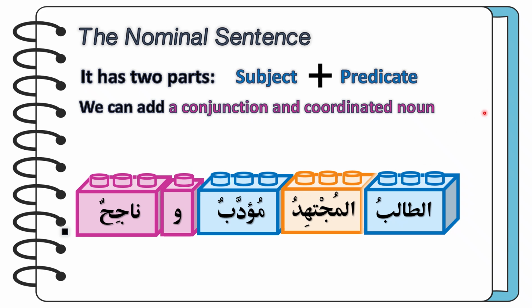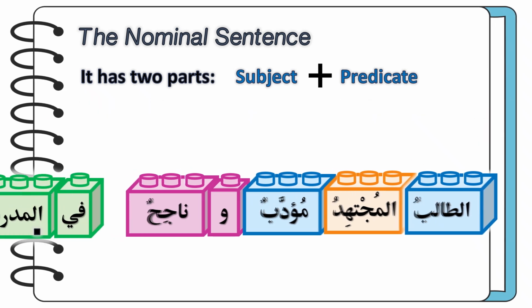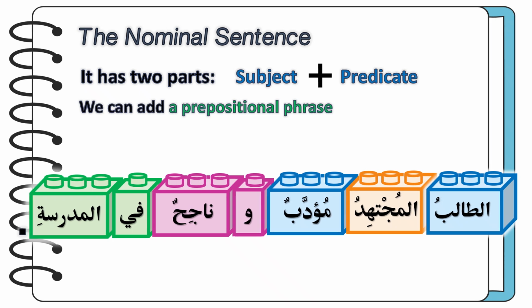So what am I going to do? I'm going to add it in the end. So here the prepositional phrase is في المدرسة, in the school. So في is a preposition and there's a noun that follows it. A preposition is always followed by a noun because we're talking about a location here.